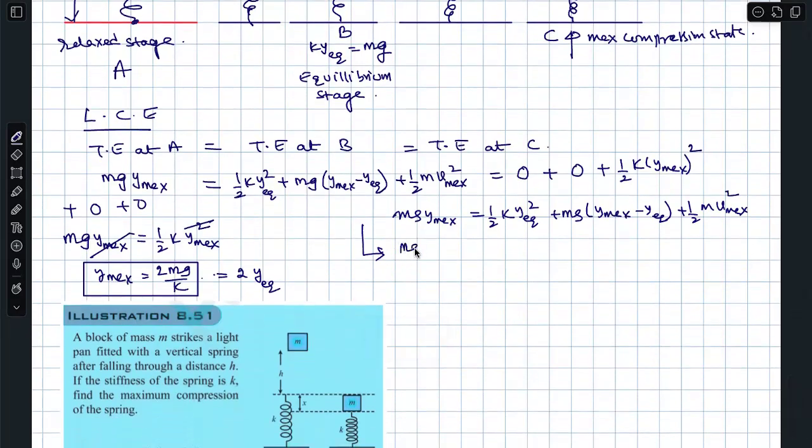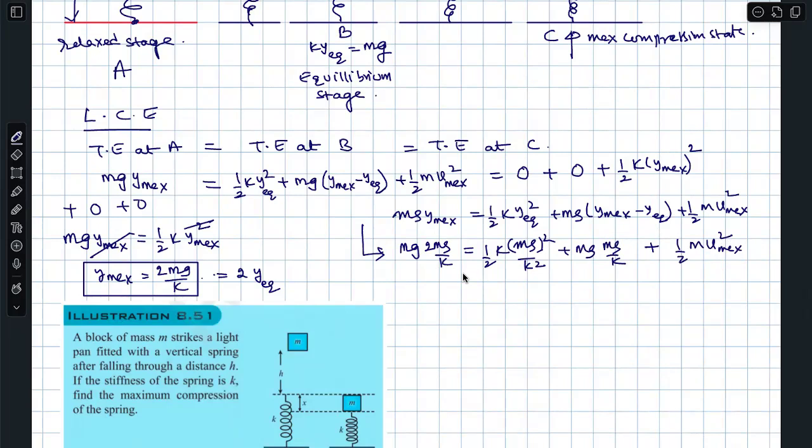What is y equilibrium square? mg square by k square. y max is 2 y equilibrium, mg by k, plus half m v maximum square.